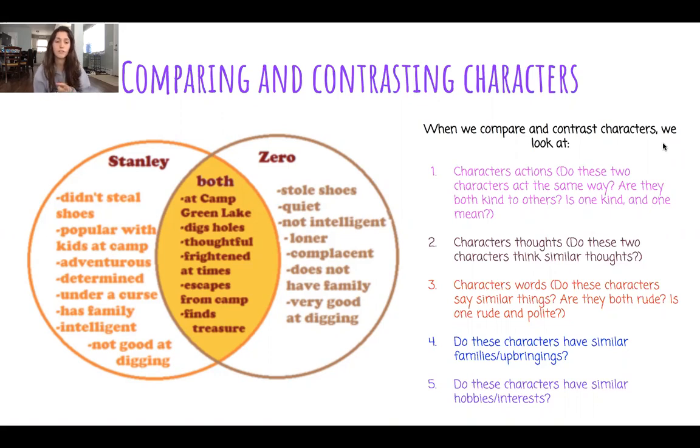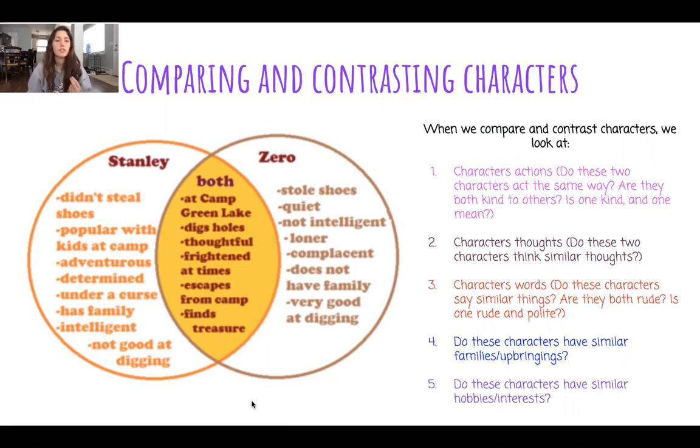If you look to the left at this Venn diagram, you'll see that these are Stanley and Zero from Holes. They're not the book that we're currently working with, but they are characters that we know. As you can see here, Stanley and Zero are compared by their actions: Zero did steal shoes, and Stanley didn't. Zero was described as quiet and not intelligent, and Stanley was described as adventurous and determined.